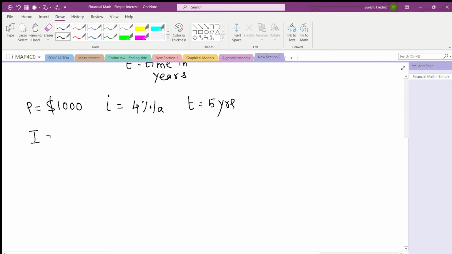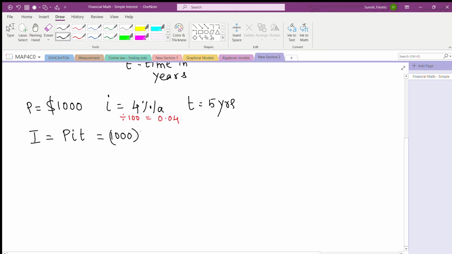The interest is I equals P i T, and that would be $1,000. And when it comes to the interest rate, you cannot substitute 4 into the formula. You need to change the interest rate to a decimal, and to do that, you always divide the percentage number by 100. When you do that, you get 0.04.